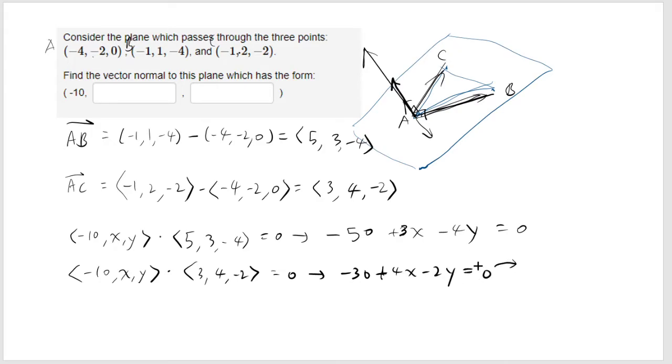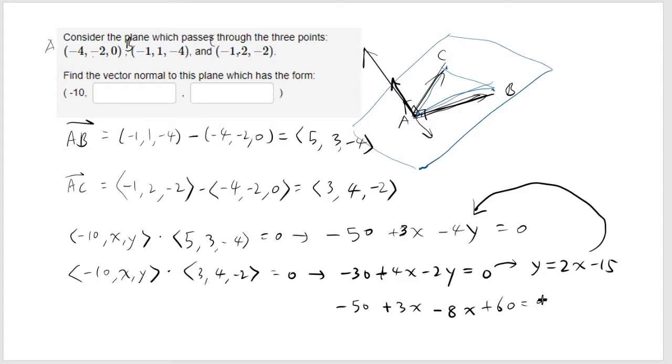Now I think I can just simply solve this for y. So move the 2y to the other side and divide by 2, and I get y equals 2x minus 15. Plug that back in here, and then I can get an equation for x. -50 plus 3x minus 4 times 2x is -8x, right? And then -4 times -15 is plus 60, equal to 0.